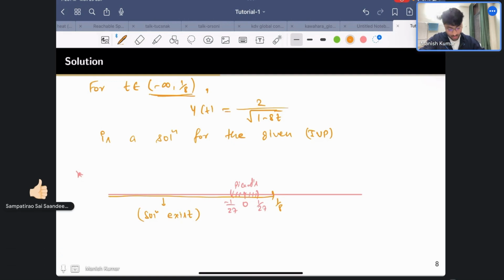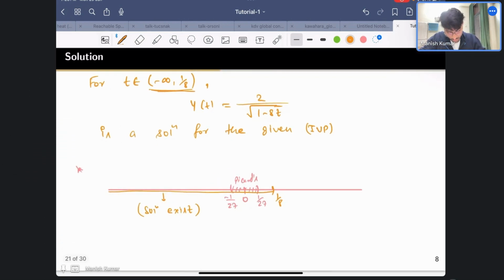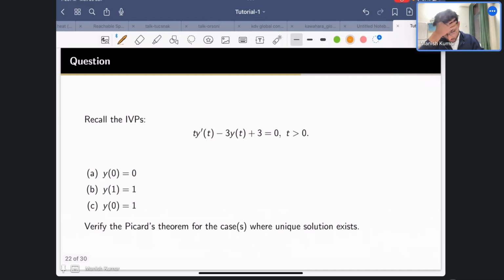Okay, so I already discussed this a bit when I told you about Peano's theorem, but again you can verify Picard's theorem as well.